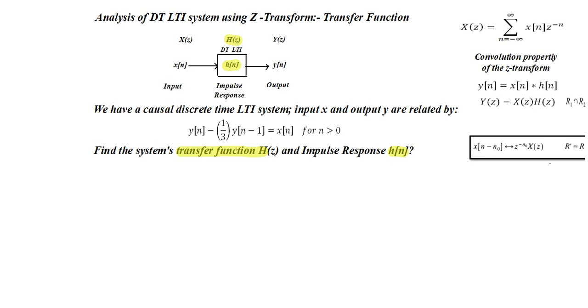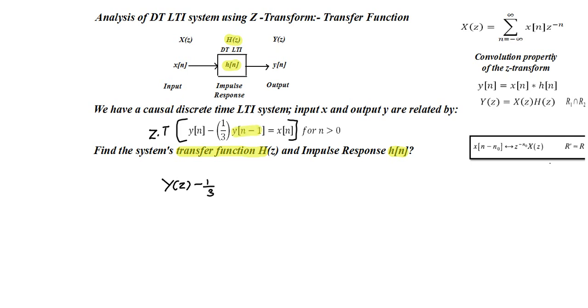Before that I need to write the z transform of this particular equation. Assume that the transform of y(n) is Y(z), minus 1 by 3, and here we can see that there is a term y(n minus 1).